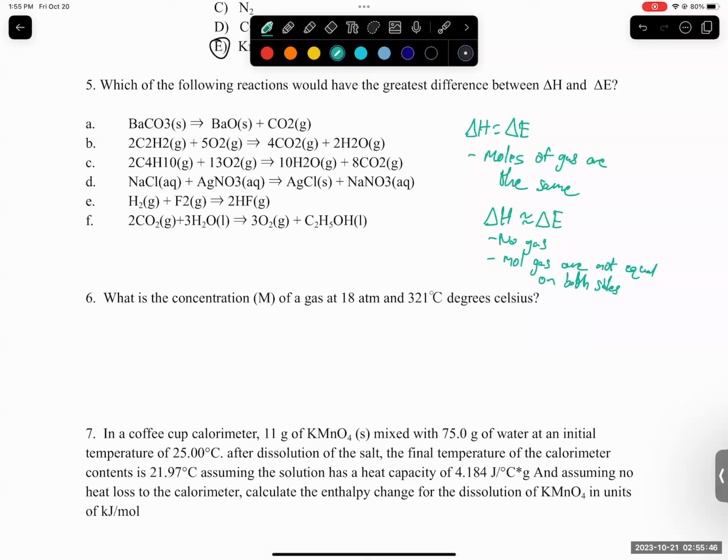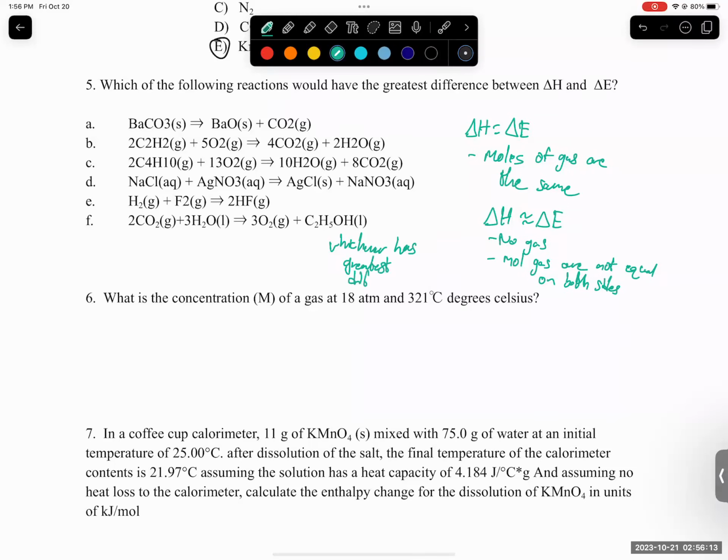As Dylan says, we gotta put you all in the trenches first and then pull you all out. Where will there be the greatest difference, or where will there be a difference at all, really? What is the greatest difference? Yeah, exactly. Whichever has the greatest difference in moles of gas.